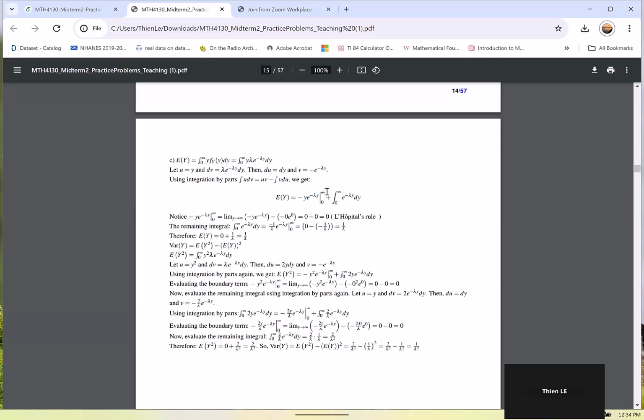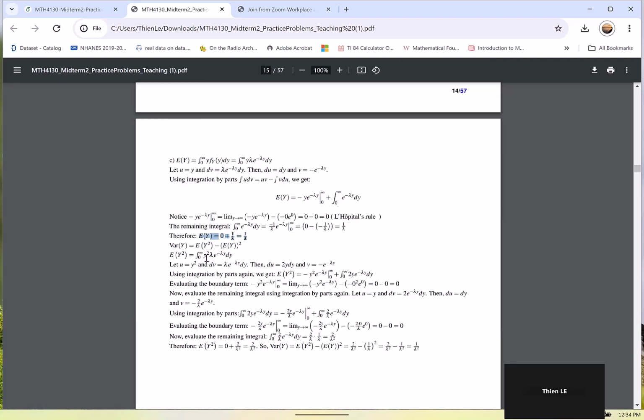When y goes to infinity, which you can't directly plug in. So sometimes you need to use L'Hopital's rule to make it work. Okay, and then process the remaining integral. This guy you can confirm is just 1/λ here. And with that, you can find your EY after the integration by parts.